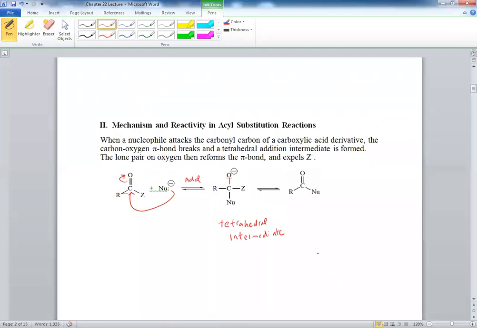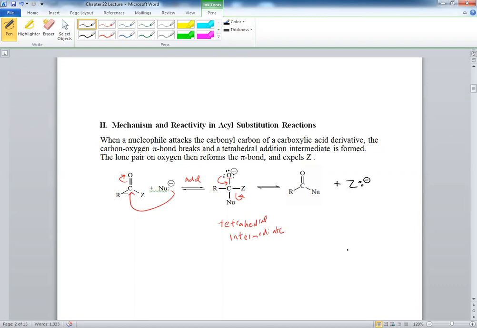And what happens here is that there are lone pairs of electrons on the carbonyl oxygen. They're going to come down and kick Z out. So now Z is kicked out. And now you have the nucleophile as a substituent that's added, replacing Z, and then of course you have Z minus.